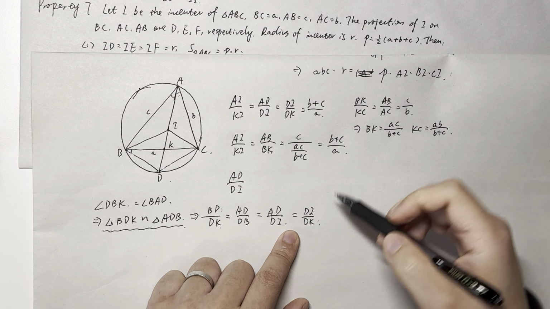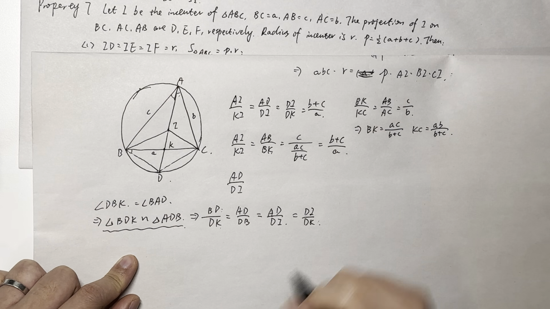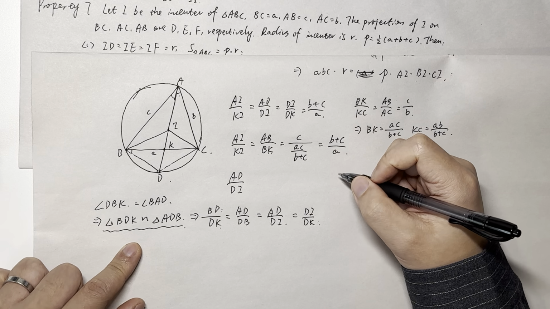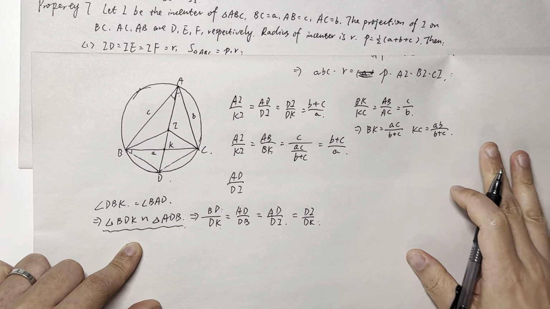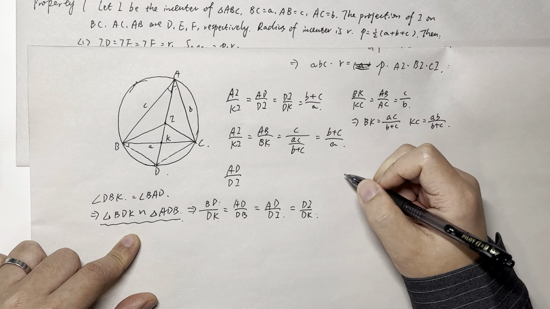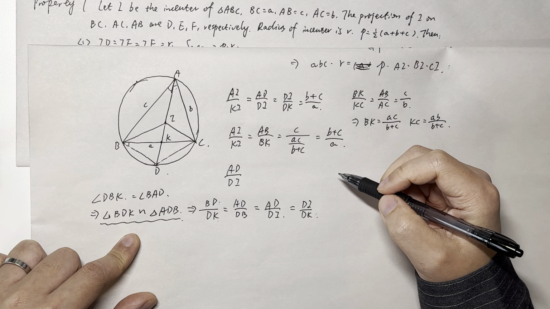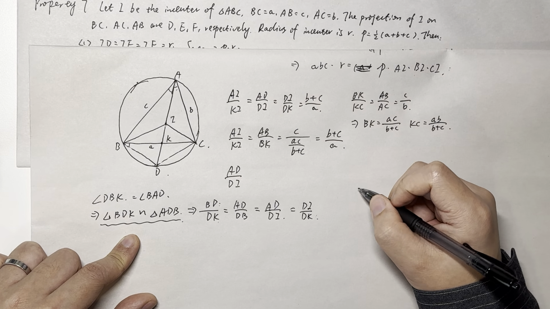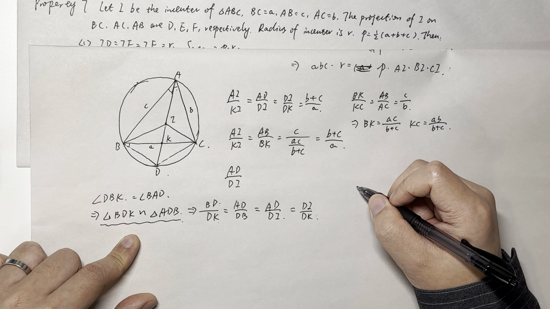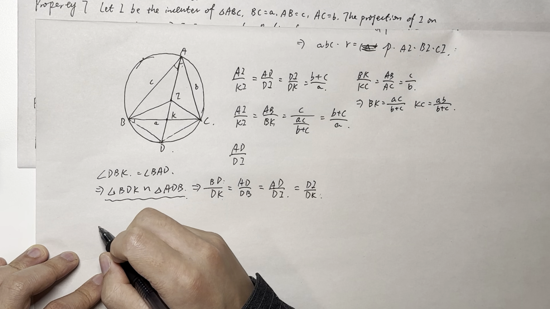So now let's see how to find the real ratio of it. We want to calculate it based on AD to DI. Can we calculate AD out?